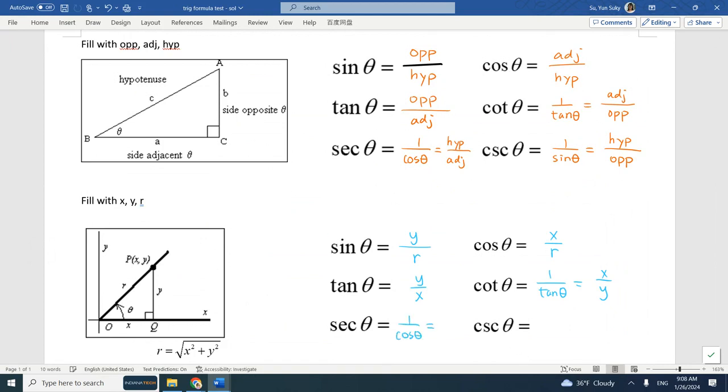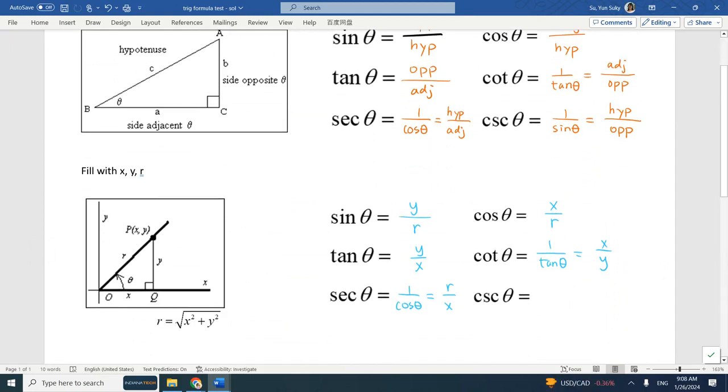What's the reciprocal of cosine? r over x. How about cosecant? Reciprocal of sine theta, which is r over y. So far, so good?